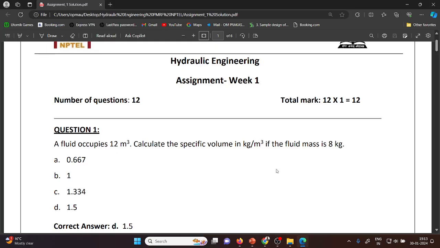The first question is this. Question 1 is about a fluid that occupies a 12 meter cube volume, and calculate the specific volume in kg per meter cube if the fluid mass is 8 kg.